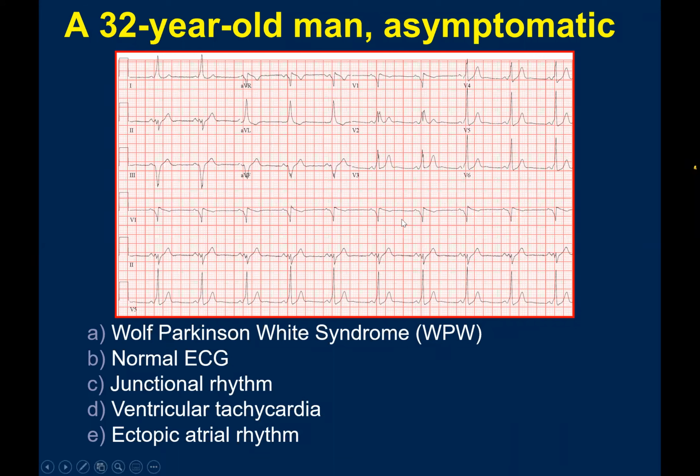So this is a Wolff-Parkinson-White syndrome ECG. Typically, they may have palpitations because they can develop SVTs, could be orthodromic, down the AV node, up the pathway. This is narrow QRS complex. Could be antidromic, down the pathway, up the AV node, and it is wide and regular. Or it could be AFib with conduction, which could be life-threatening.